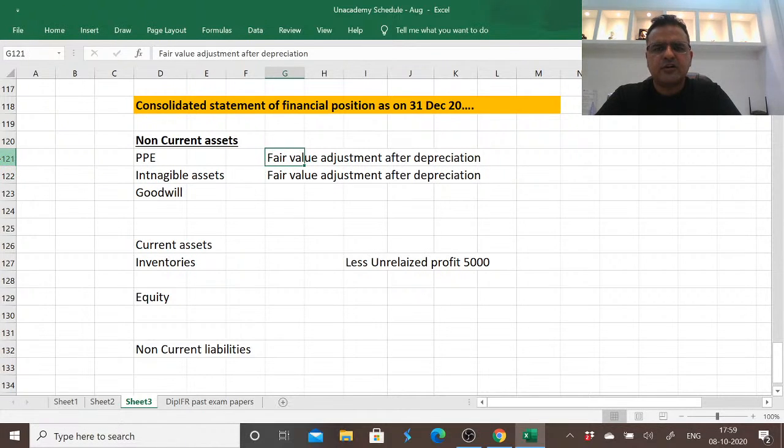So include the date of balance sheet amounts from working note number 2. Goodwill will come from working note number 3.